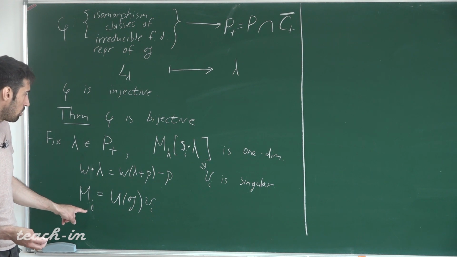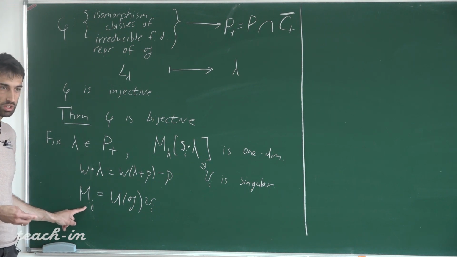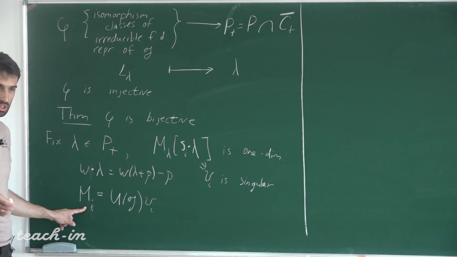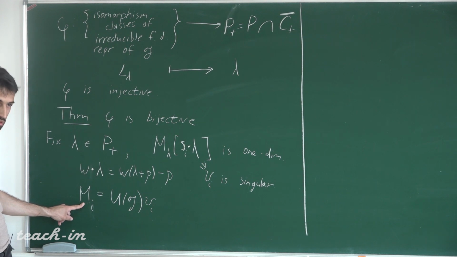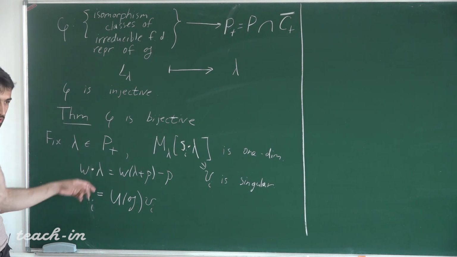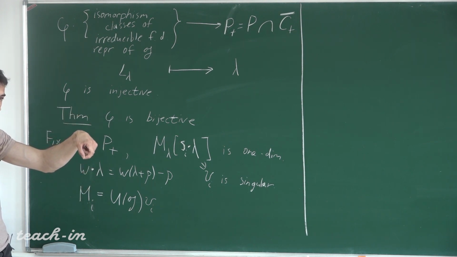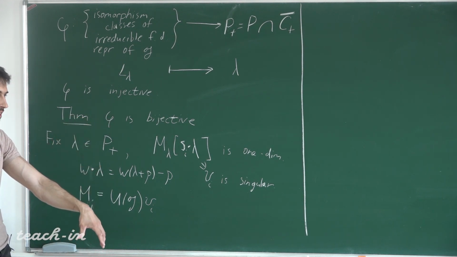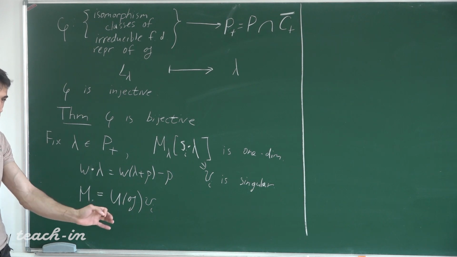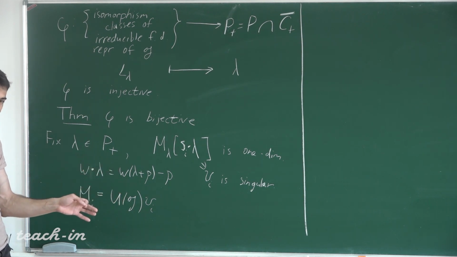Actually, we never proved that, but it is easy to prove. I will not do this, maybe we will do it as an exercise. Each of these modules is also a Verma module. So if you have a single vector in a Verma module and generate everything out of this single vector, then you again have a Verma module, but maybe of some other highest weight.